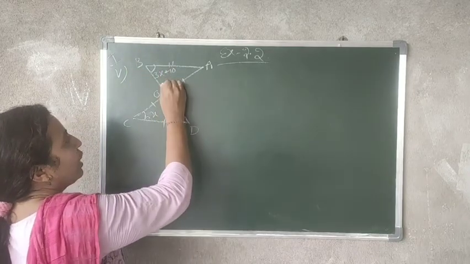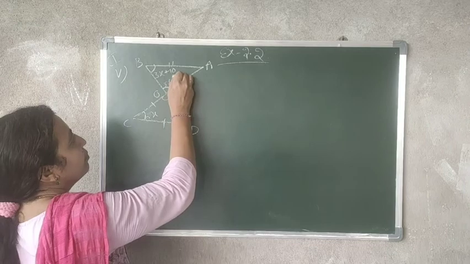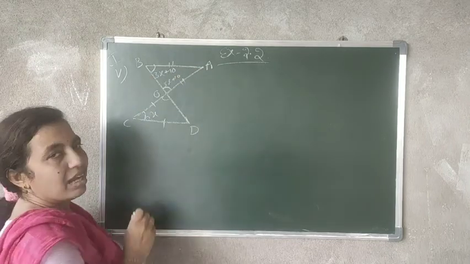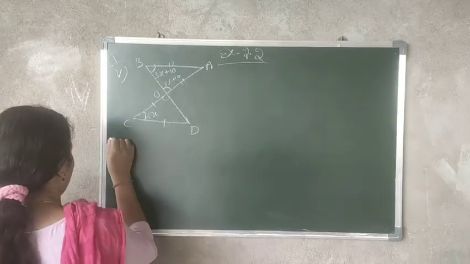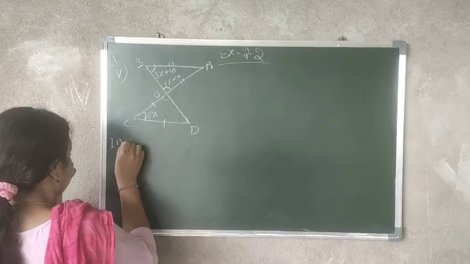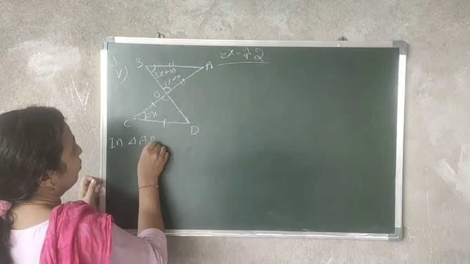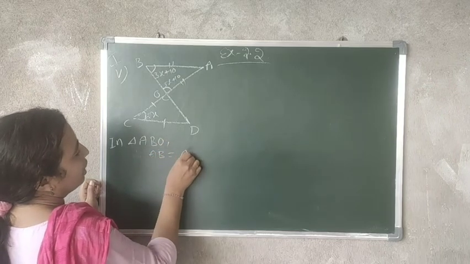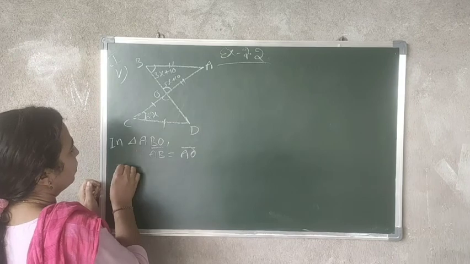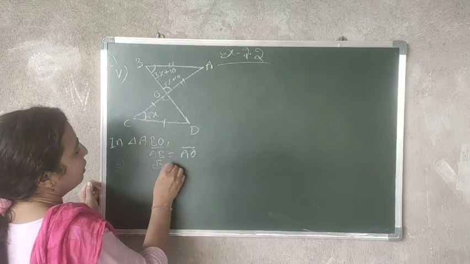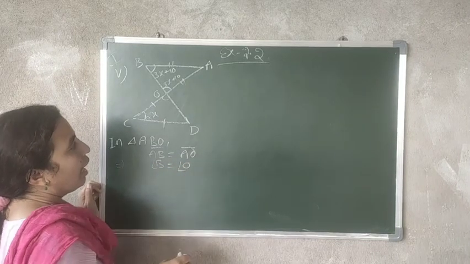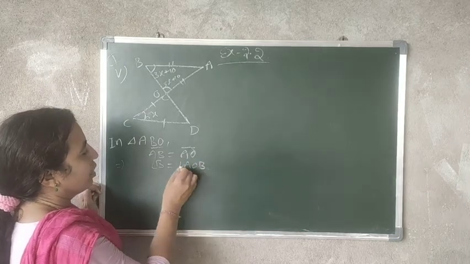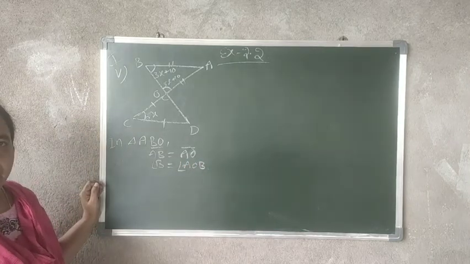That means these two angles are equal. If these two sides are equal, these two angles are equal. In triangle ABO, since AB is equal to AO, that implies angle B is equal to angle AOB.